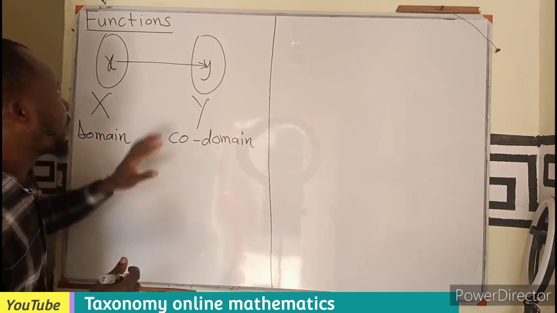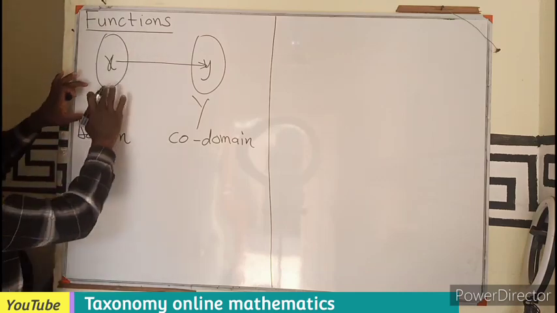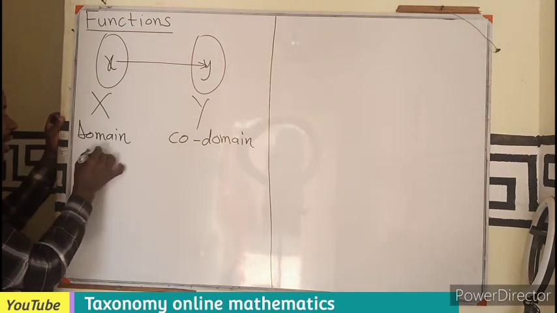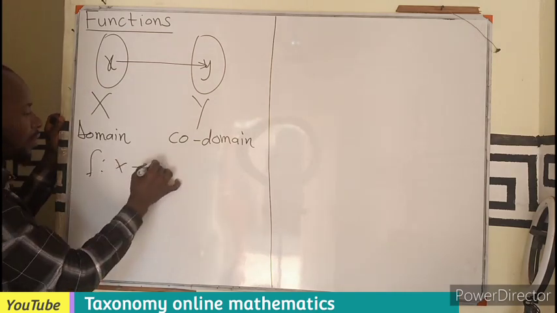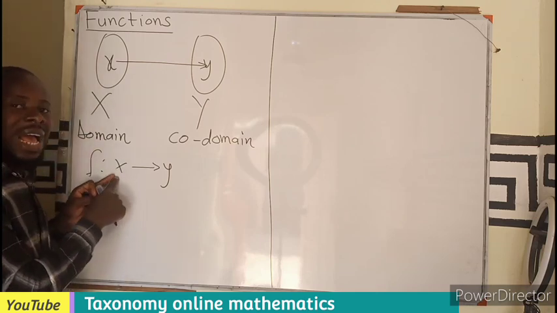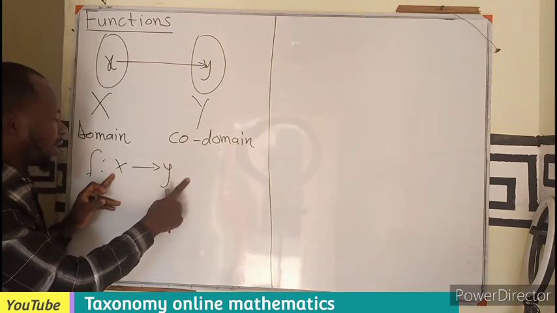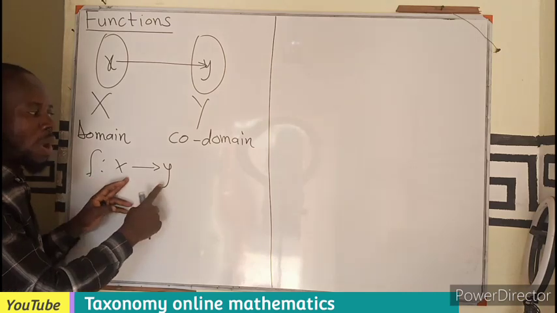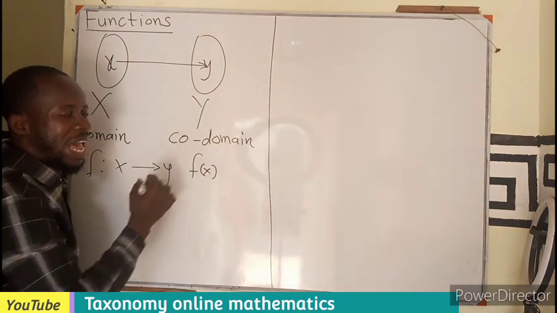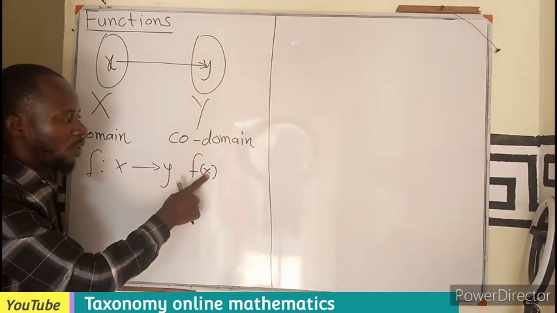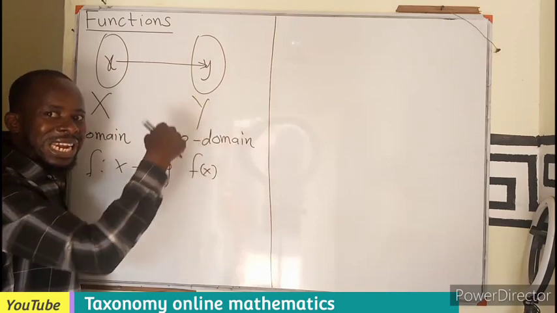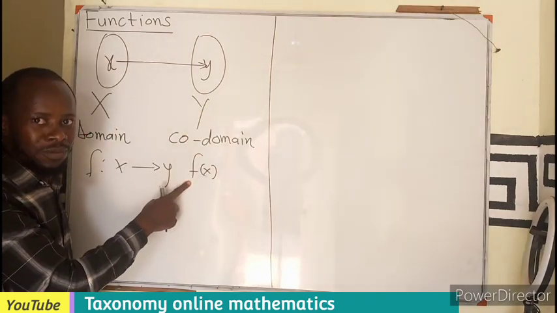X. So in function, we can rewrite this in terms of notation as f: X to Y, the function from X to Y, which could also be written as f of x, or we can say the image of the element x under the function f.